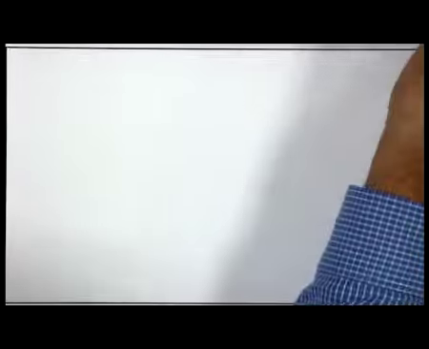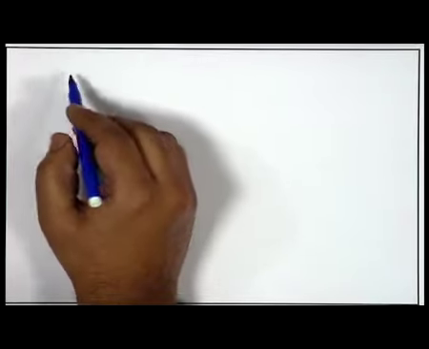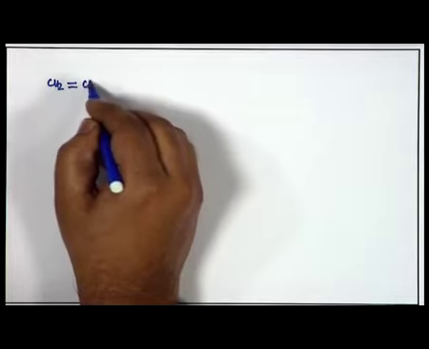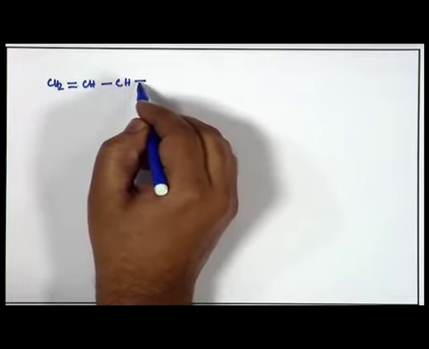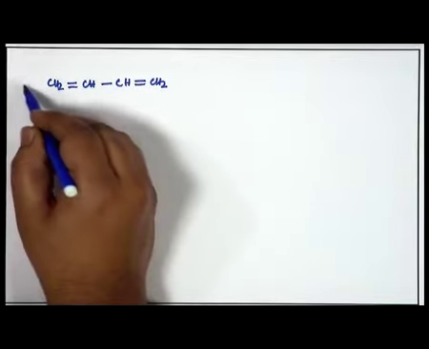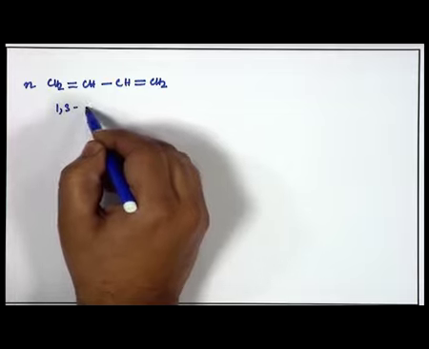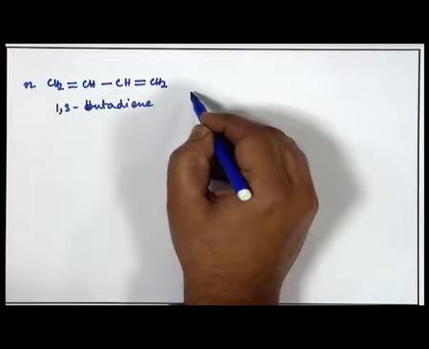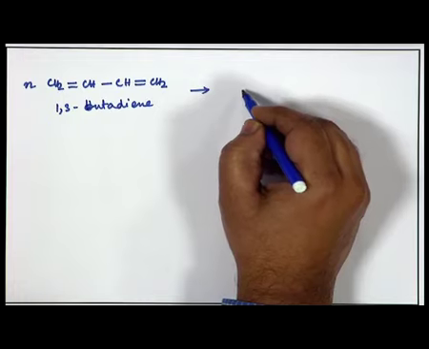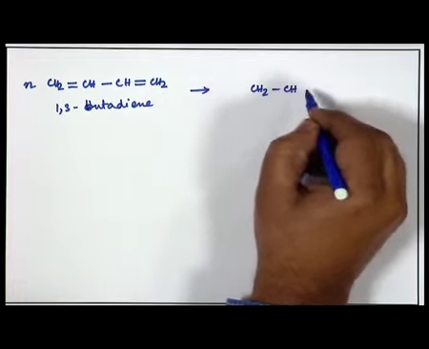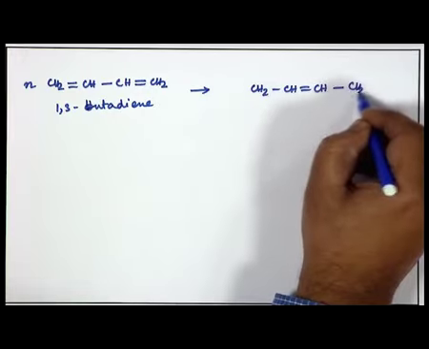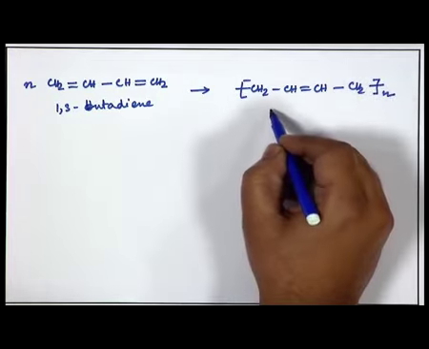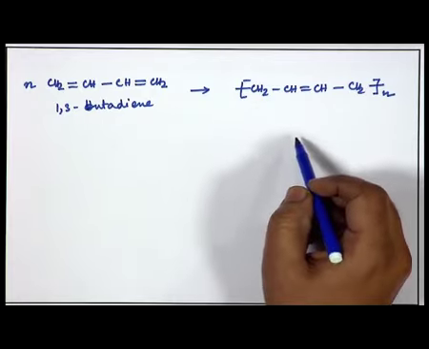For example, if I just take a 1,3-butadiene molecule, this is the polymer of 1,3-butadiene.